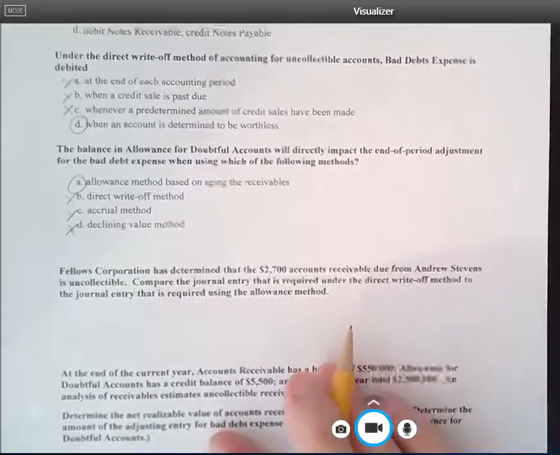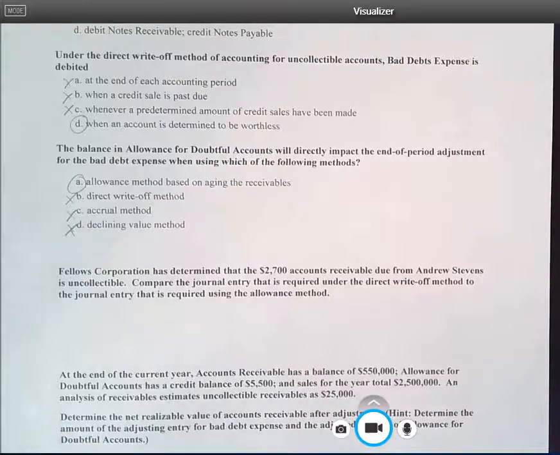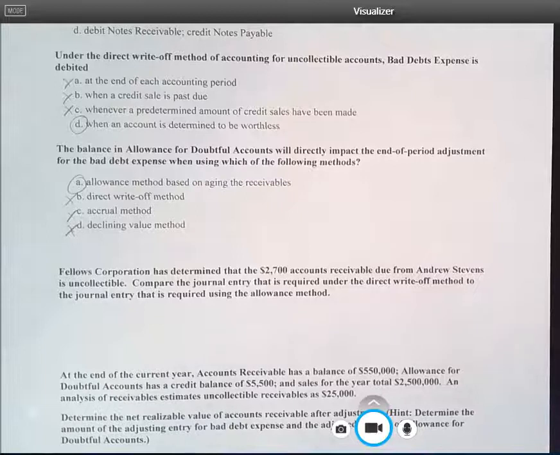All right, let's look at this next question here. It says, Fellows Corporation has determined that the $2,700 accounts receivable due from Andrew Stevens is uncollectible. Compare the journal entry that is required under the direct write-off method to the journal entry that is required using the allowance method.